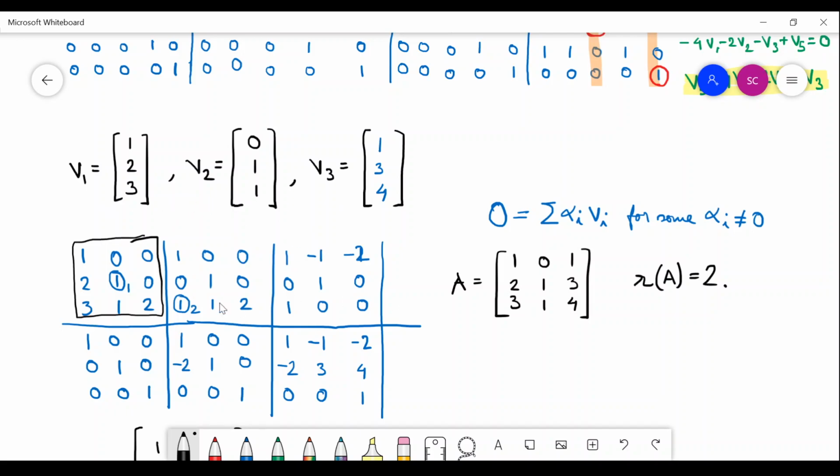If you do the column operation here, you will see at the end only one vector at the top is becoming 0.